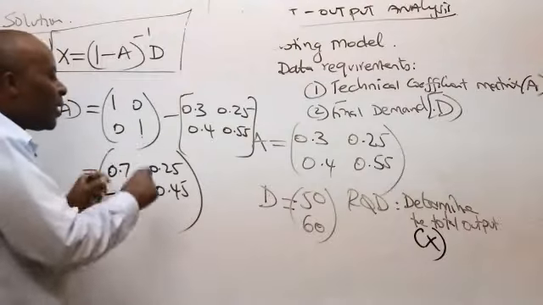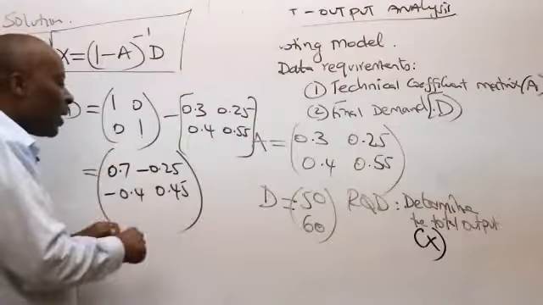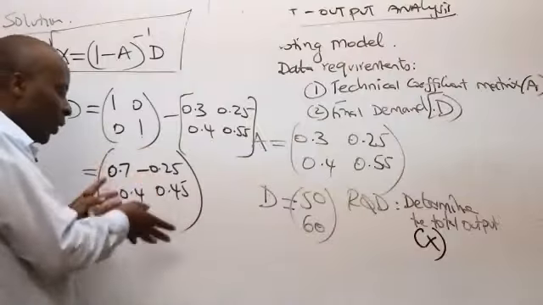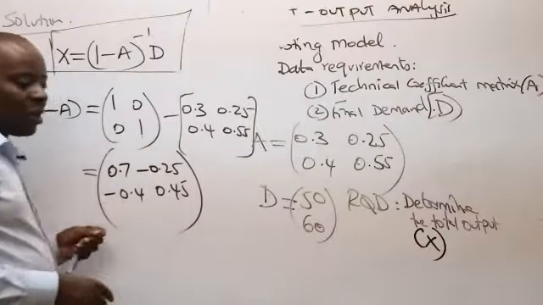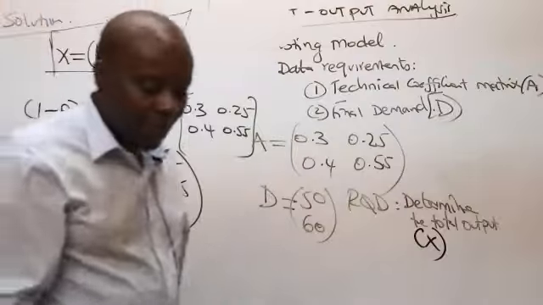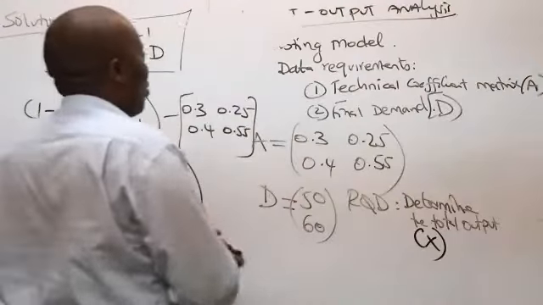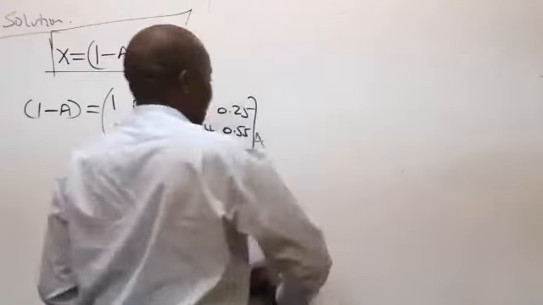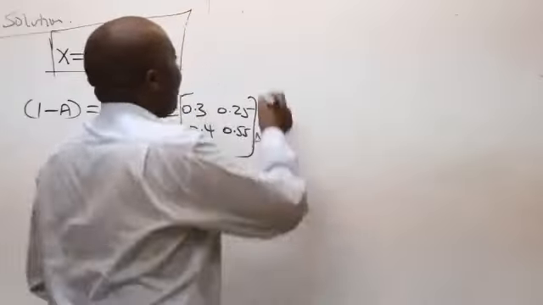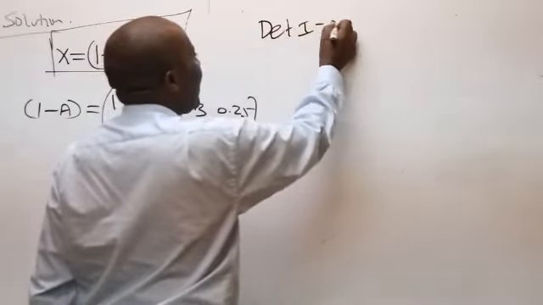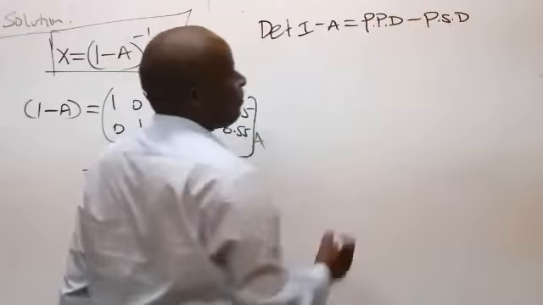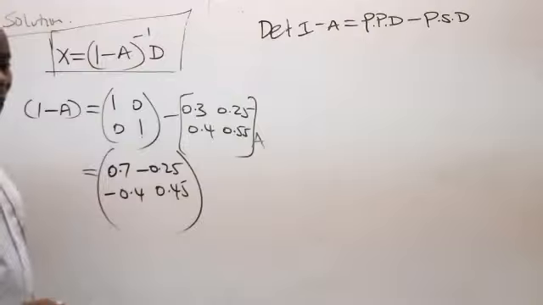So if that is the case, I would want you to do me a favor. In the inversion spirit, give me the determinant of I minus A. Remember, it is PPD minus PSD, the product of the primary diagonal minus the product of the secondary diagonal.